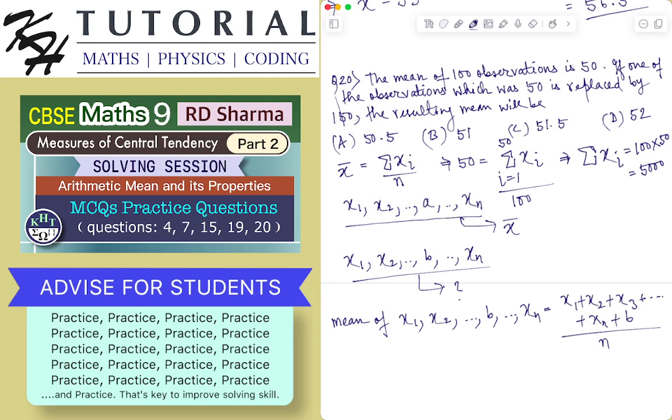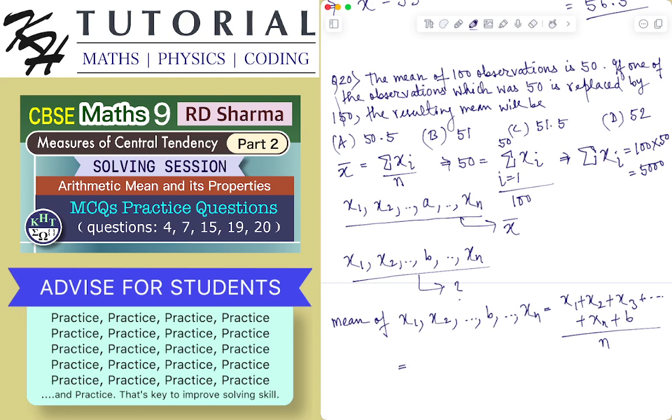That is the sum of all the observations except b, and then plus b divided by n. This is equal to the sum in the original observations where a was replaced with b.